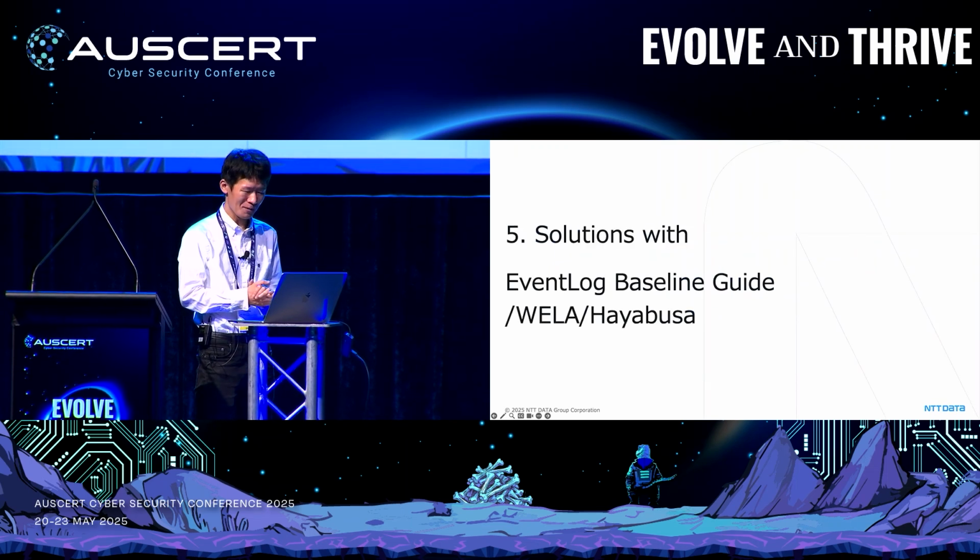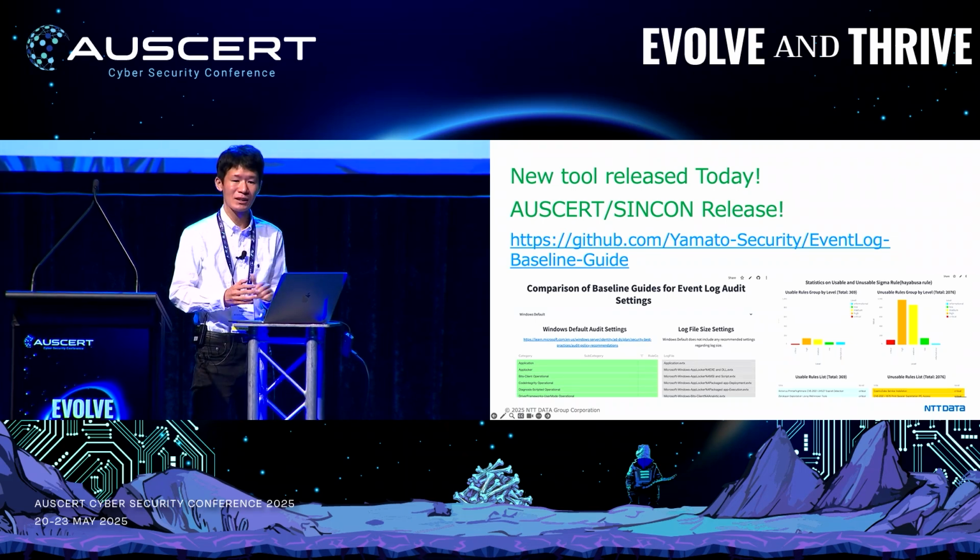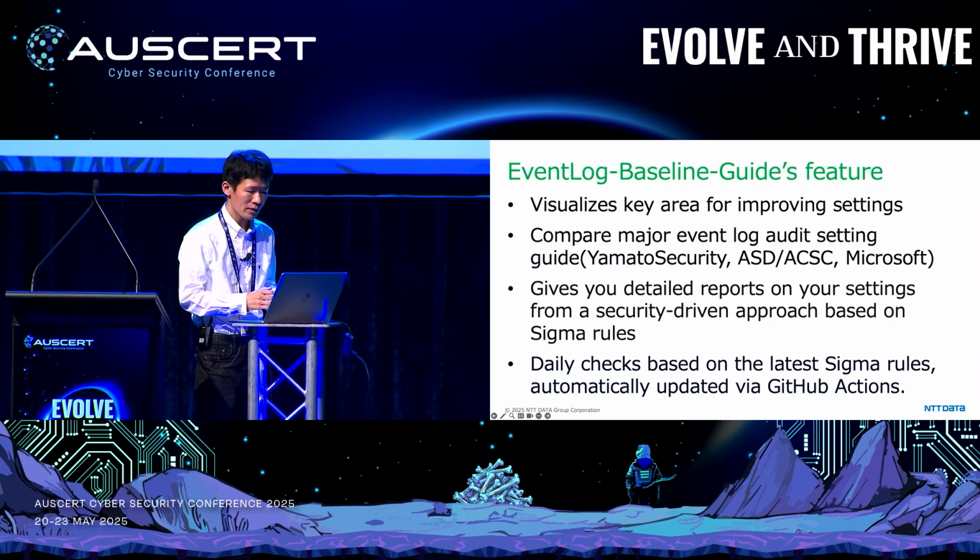Now, I will explain the solution to the challenges we discussed earlier. The solution is the Event Log Baseline Guide, Velociraptor and Hayabusa. First, I'd like to introduce a new tool released today, the Event Log Baseline Guide. Its features visualize key areas for improving settings.